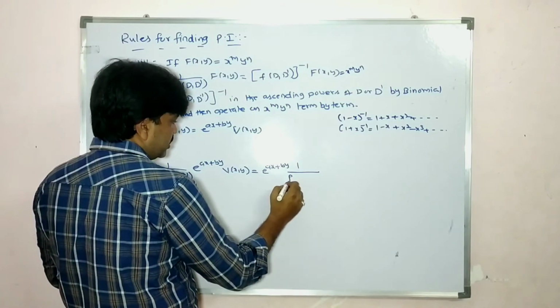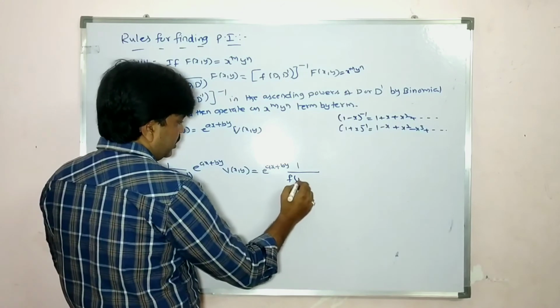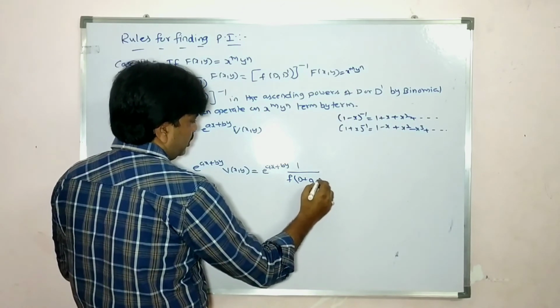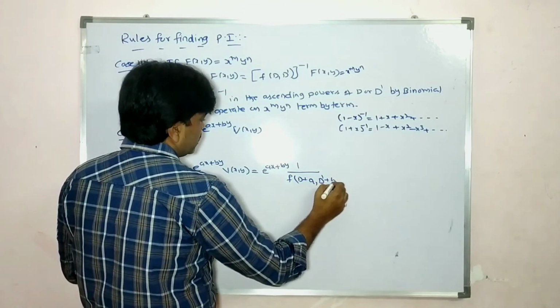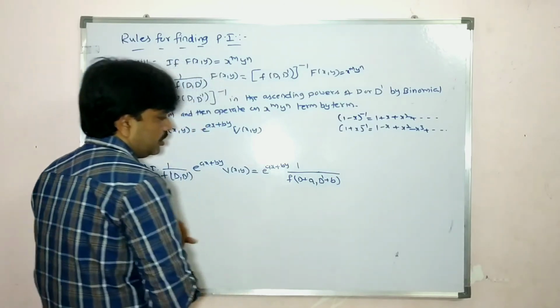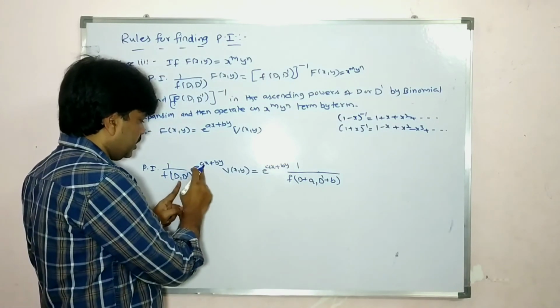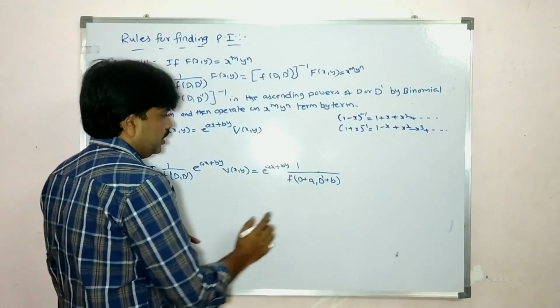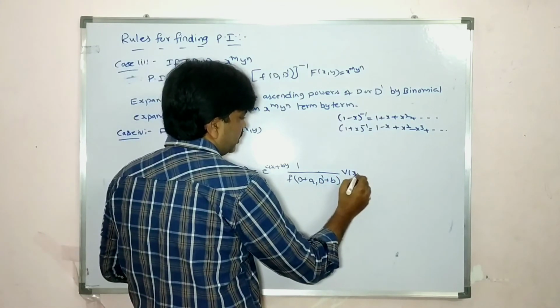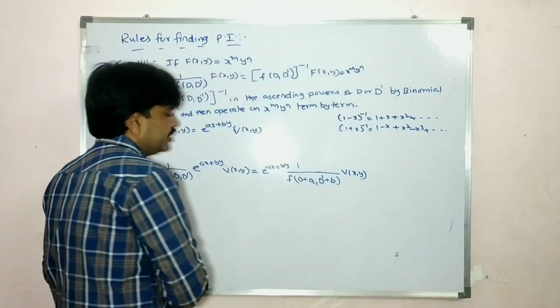Now you replace D by D plus a, D dash by D dash plus b, into V of x, y.